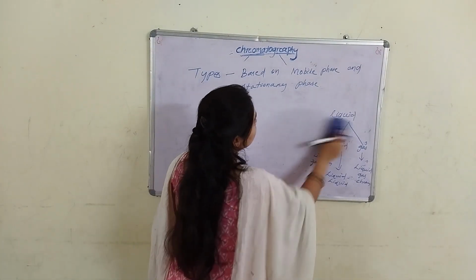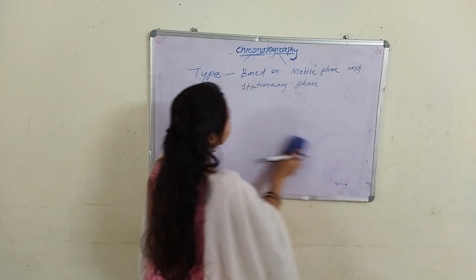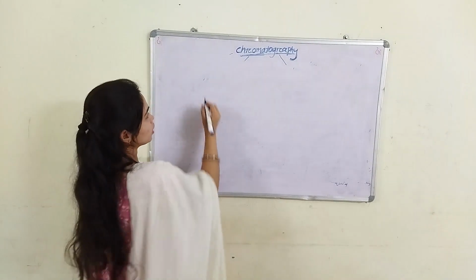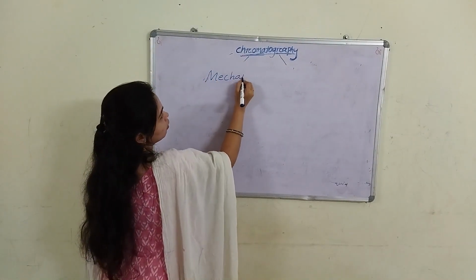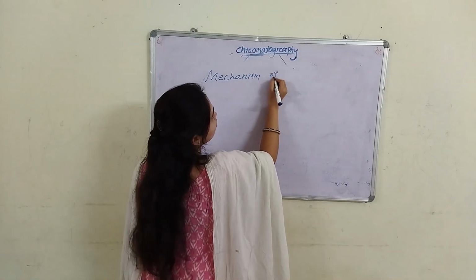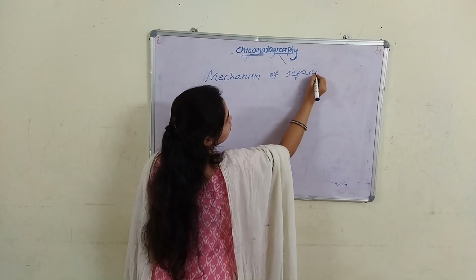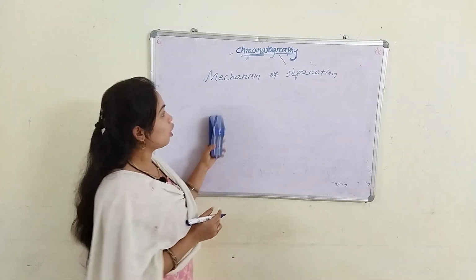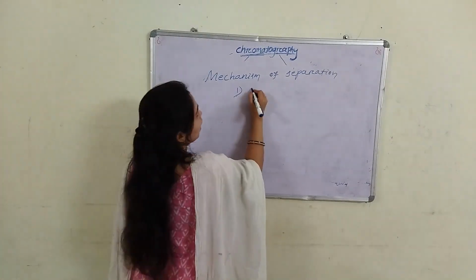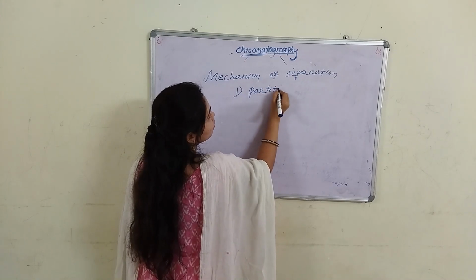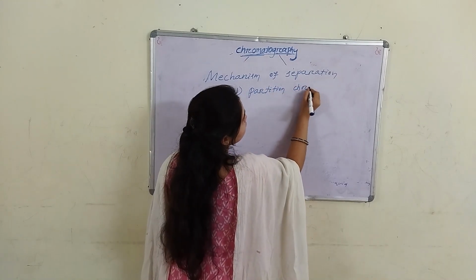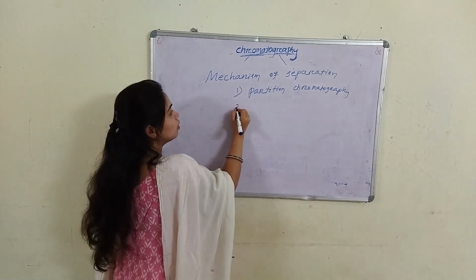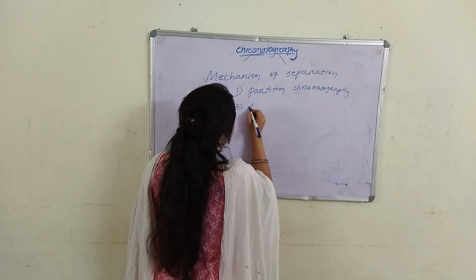Now, depending upon the mechanism of separation, chromatography is again divided into two types. One is partition chromatography and another one is adsorption chromatography.